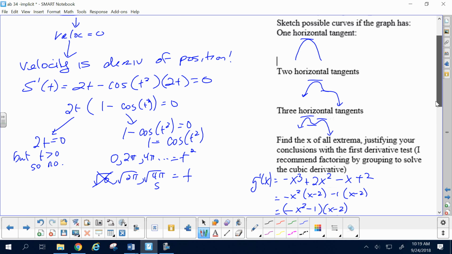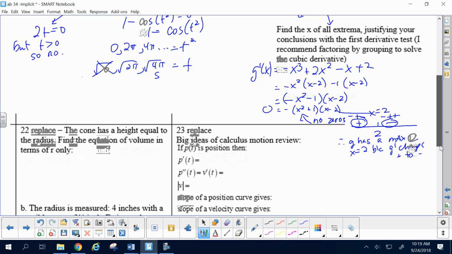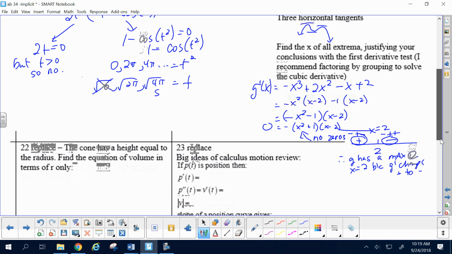So as far as cases, it's this case here. It has one horizontal tangent, so it has one extra.